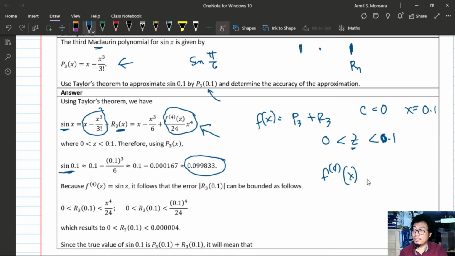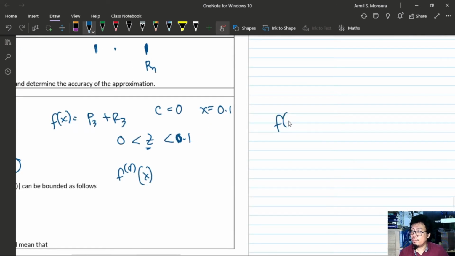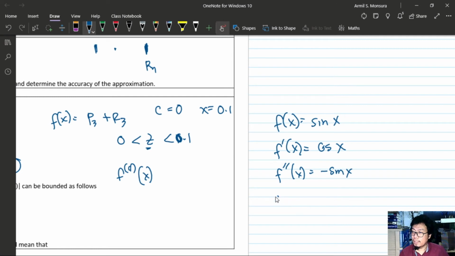Remember that our original function is sine. Its first derivative is cosine. Its second derivative is negative sine. Its third derivative is negative cosine.